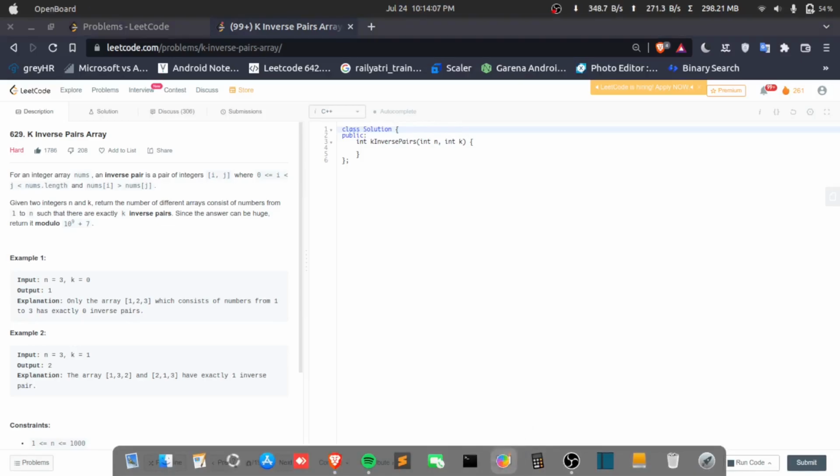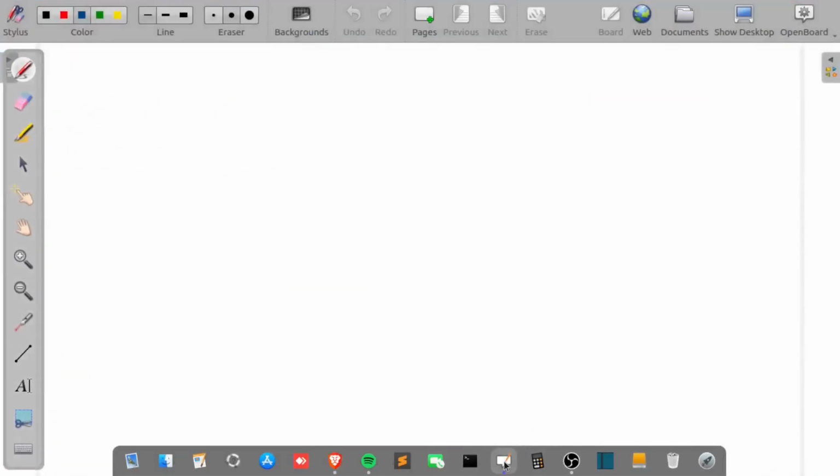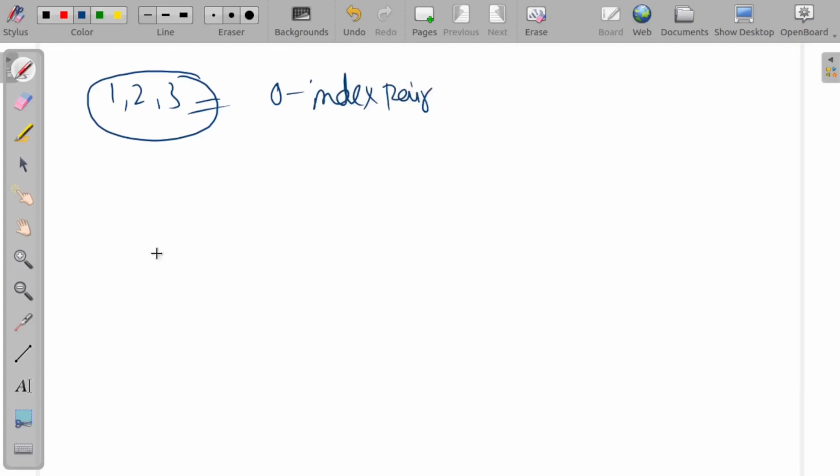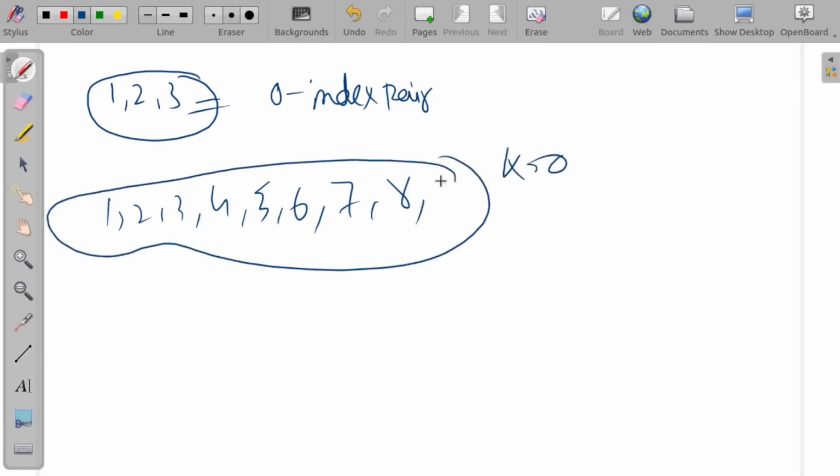So what is a k inverse pair? What is an inverse pair? Suppose 1 2 3, there is no inverse pair, so it can be called zero inverse pairs. Suppose you are given a long array, 1 2 3 4 5 6 7 8 9, but k is given as 0, so that is also zero inverse pairs.